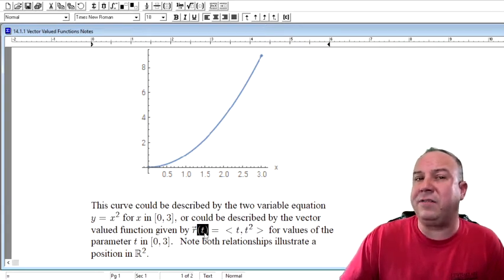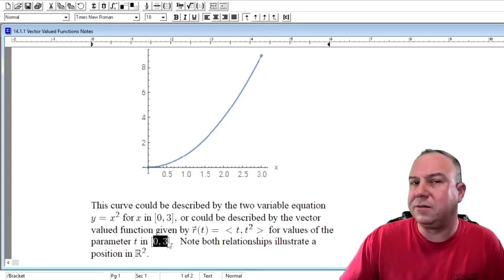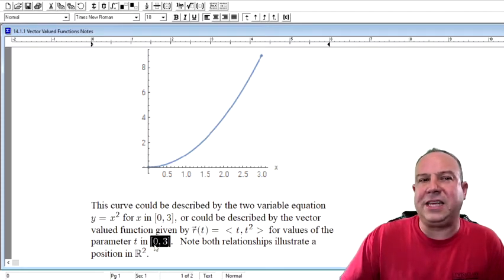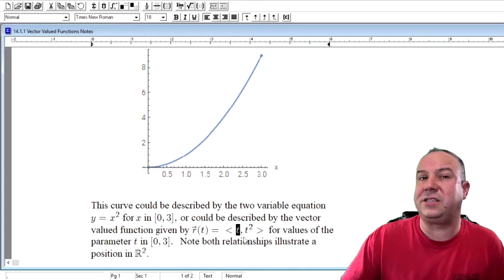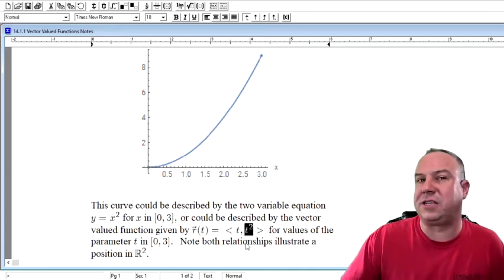For any given value of t, and here we might consider the values of t in that space from 0 to 3, we get a vector description of location. For instance, when t is 0, the x component, the x description of location, is at 0, and the y component, the y description of location, is at 0.